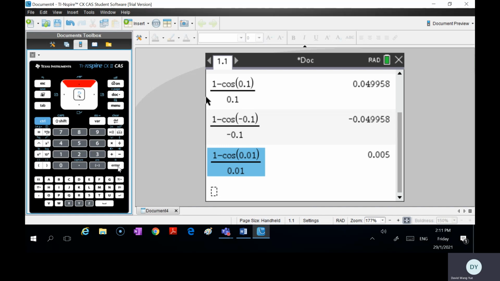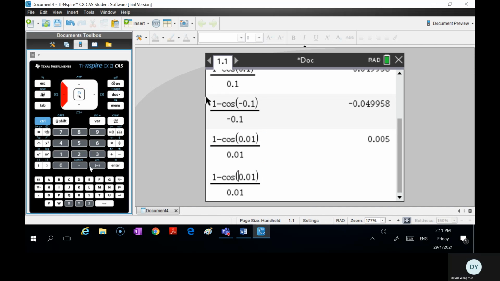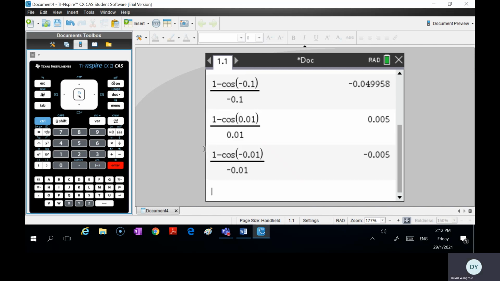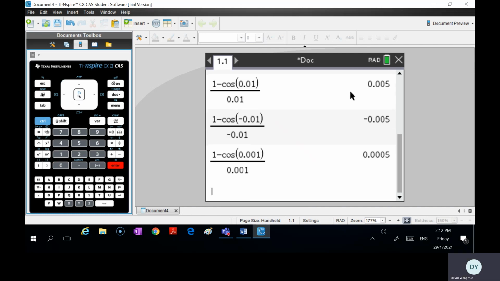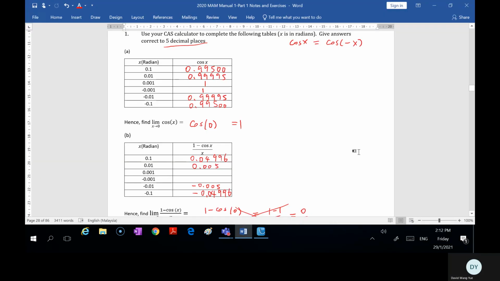Change this to 0.001, and we get 0.0005. So I believe this one is negative 0.0005.